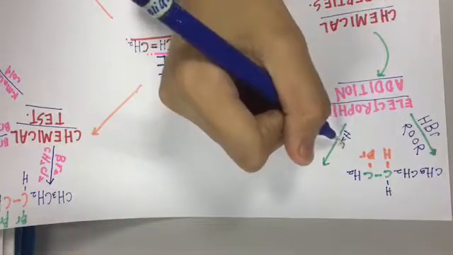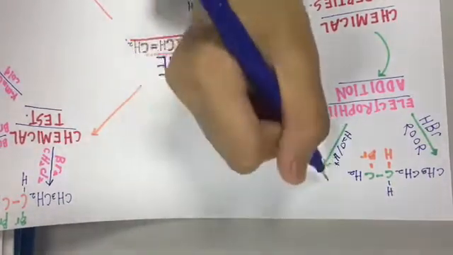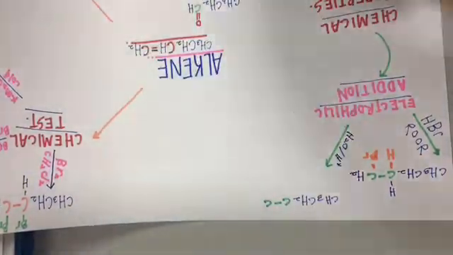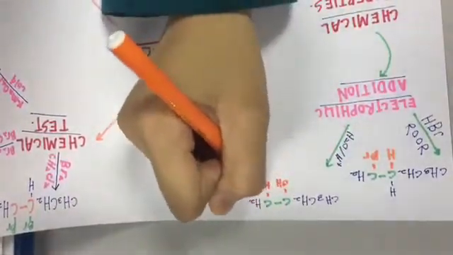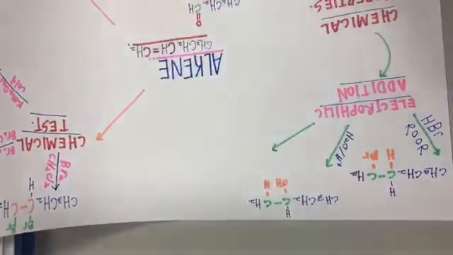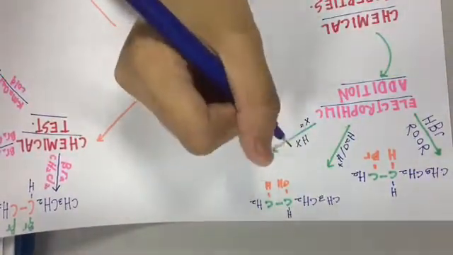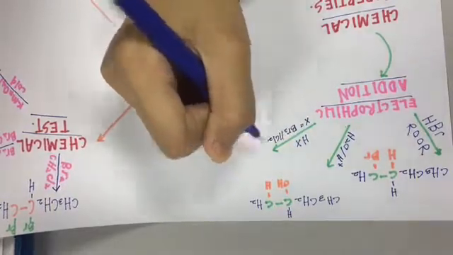The second reaction is H2O with H plus. The third reaction is HX, where X is Br or Cl.